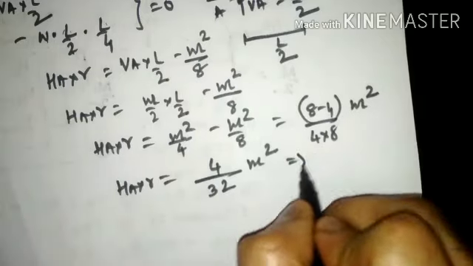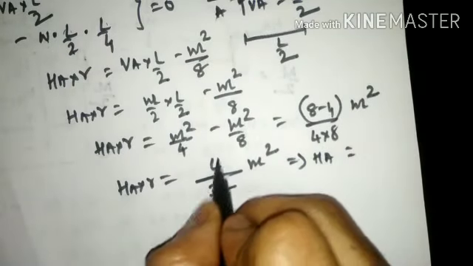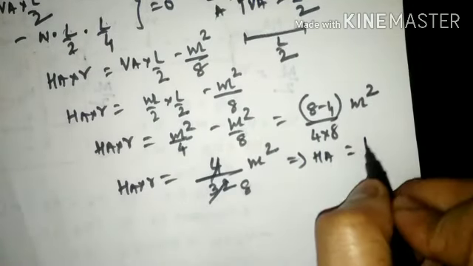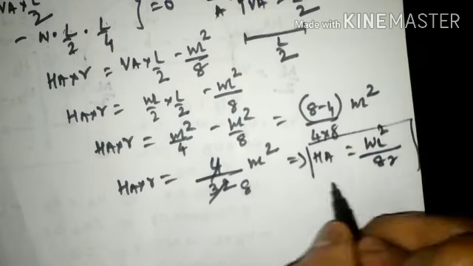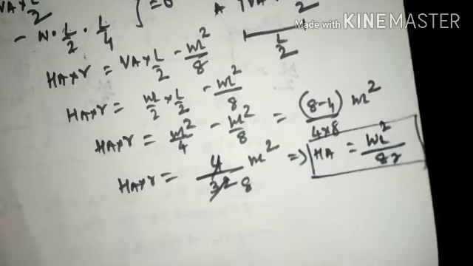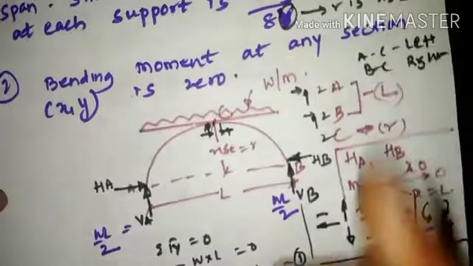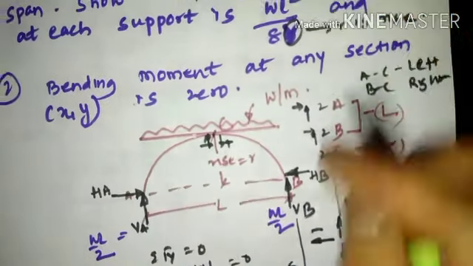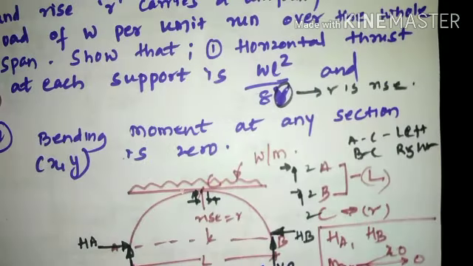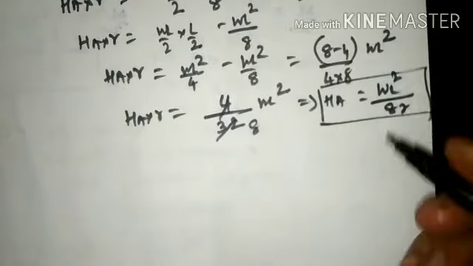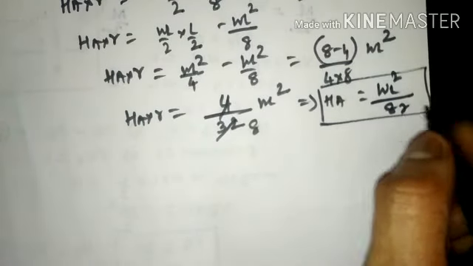So the HA value shall come out to WL square divided by 8R. This is the value of HA that has been derived. What has been asked is the HA value, or the horizontal thrust value. The horizontal thrust should be WL square by 8R.